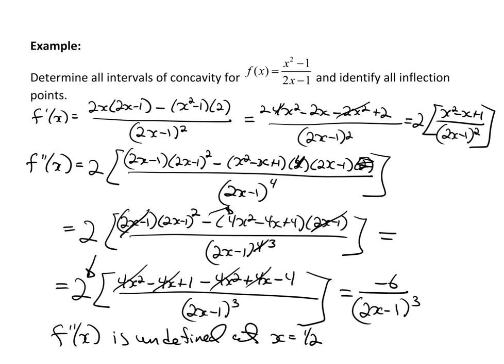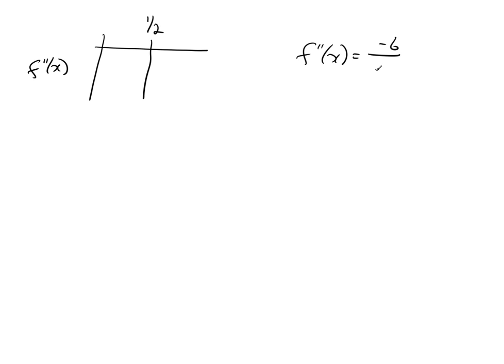So let's work with that a little bit. I'm going to have 1/2. I need to consider f double prime of x. And just as a reminder, that second derivative is negative 6 over 2x minus 1 cubed. So I need a value less than 1/2. I like 0.